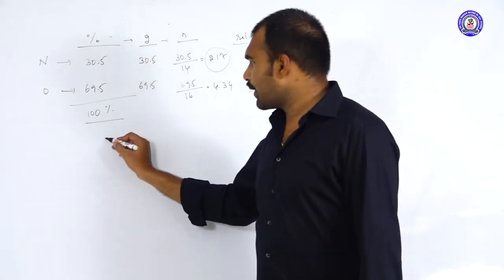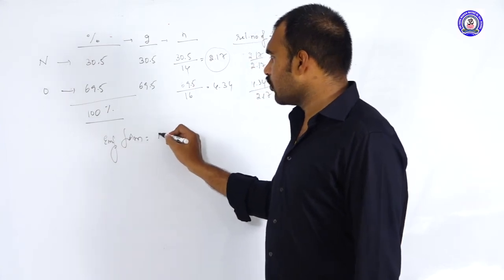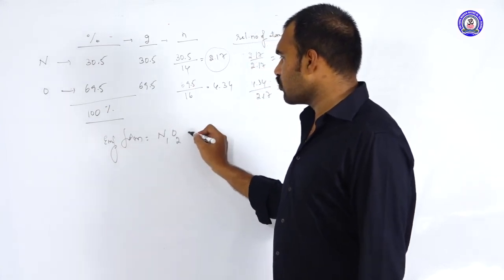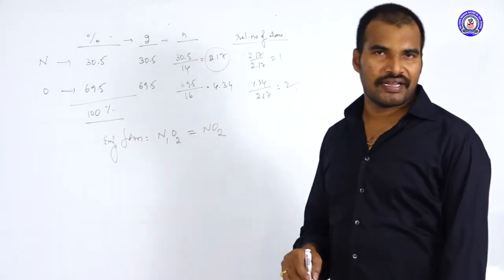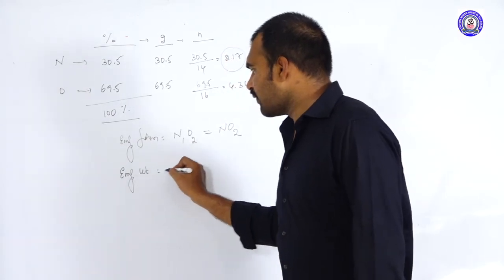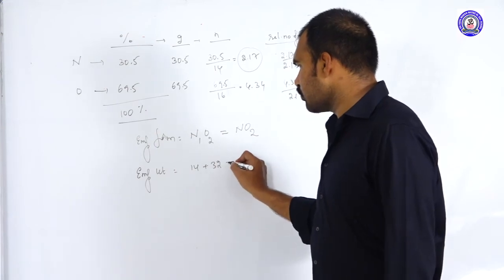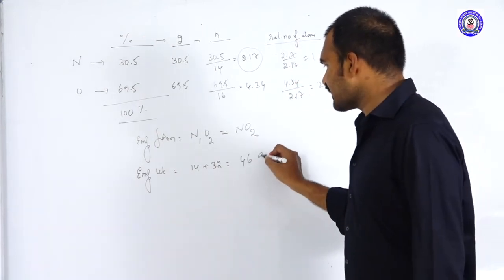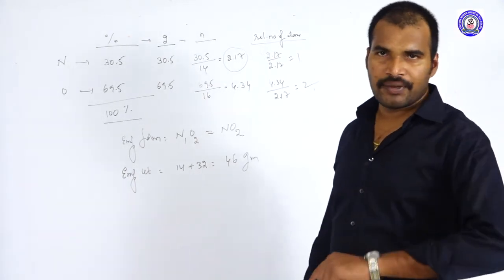So the empirical formula is equal to N1O2. Simply we call it NO2. NO2 is the empirical formula. So the empirical weight is equal to nitrogen 14 plus oxygen 16 into 2 is 32. So total 46 grams empirical weight. Now what is the relation between the molecular weight and empirical weight?